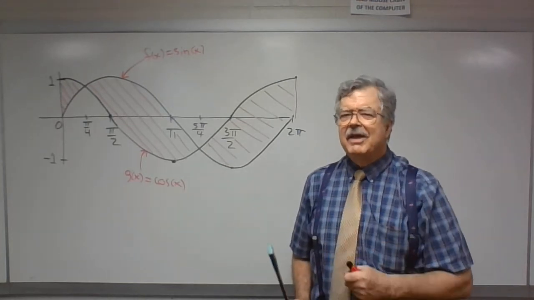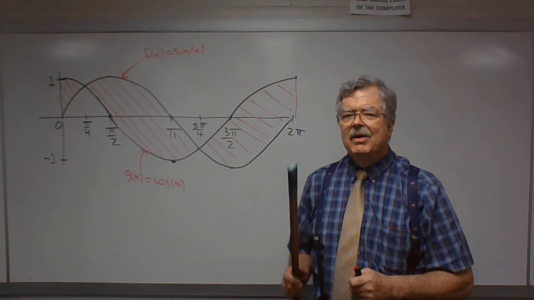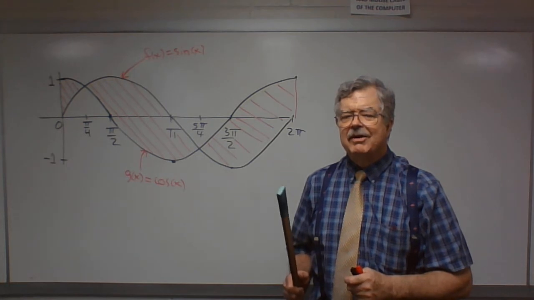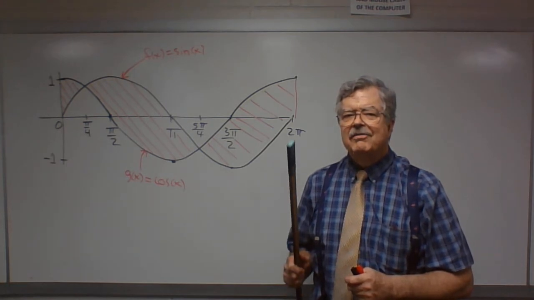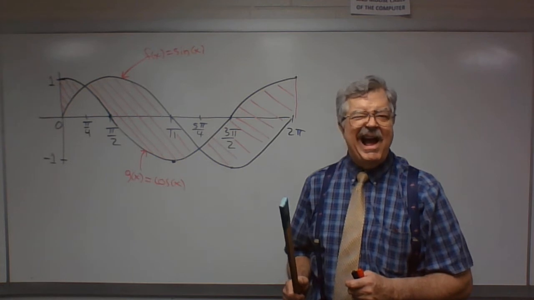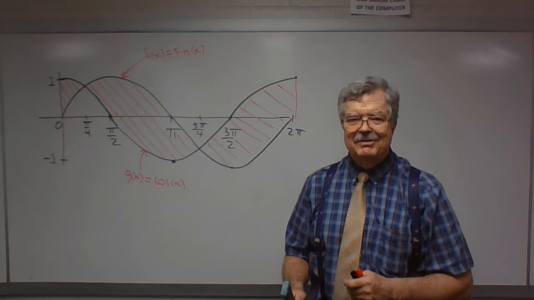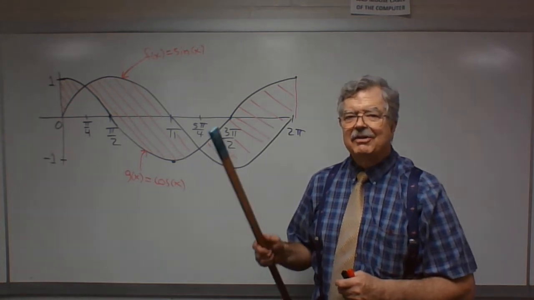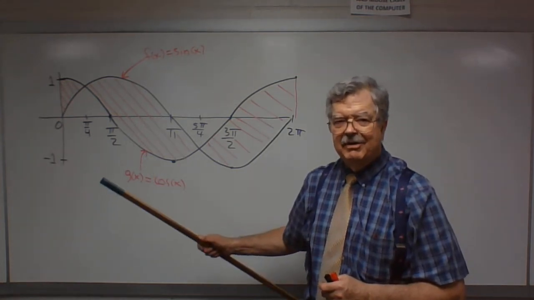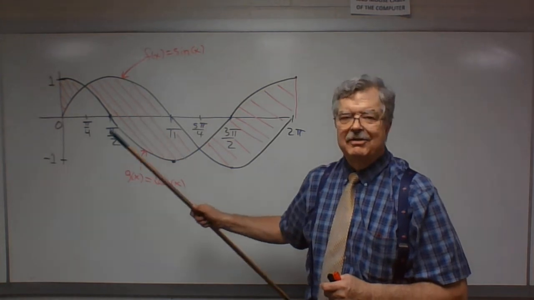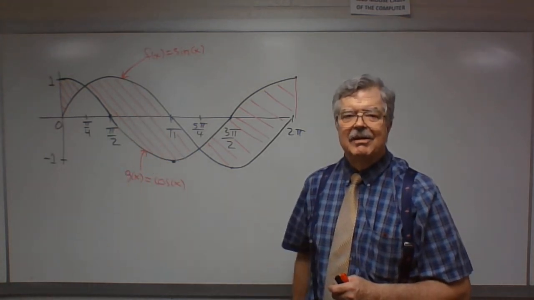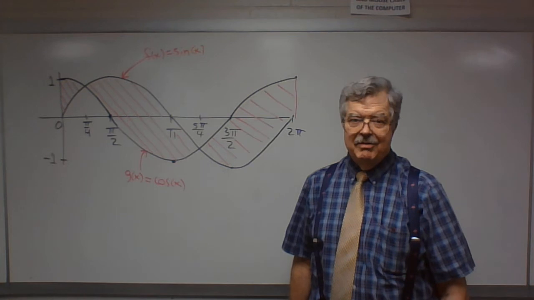And what have I been saying in class all along? Whenever we do an area problem, our first step always, always, always is to sketch a graph of the bounded region. Graph the functions that bound the region. We didn't do that.